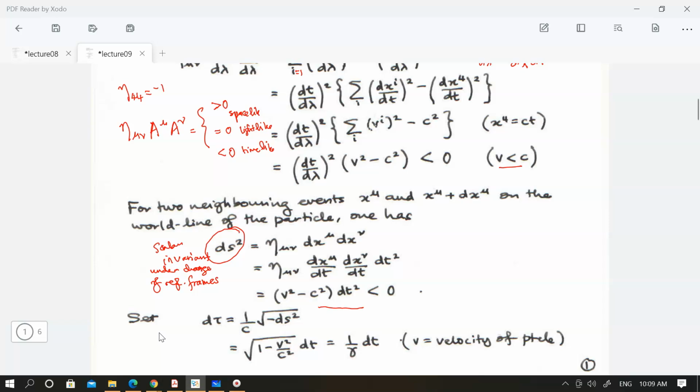Remember, the dimension of this is essentially length, and when we divide it by the velocity of light, it gives you the dimension of time. So this quantity tau here is carrying the dimension of time.